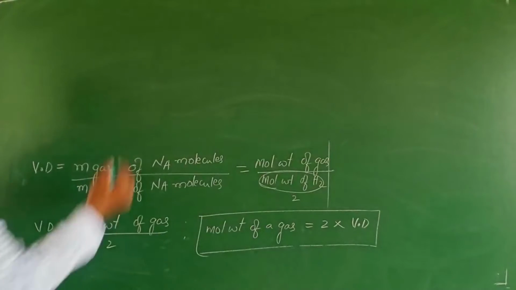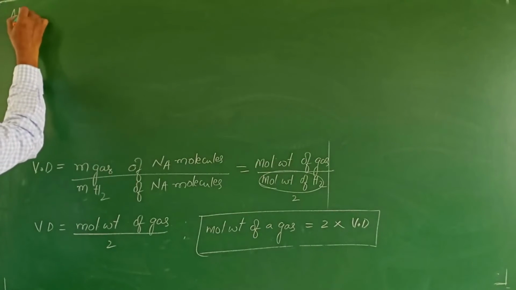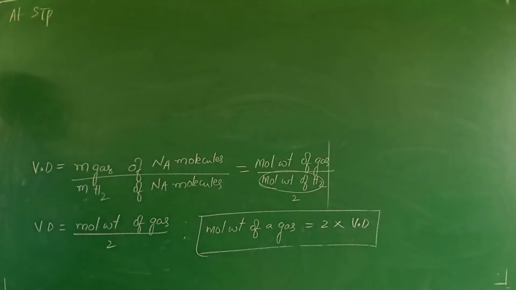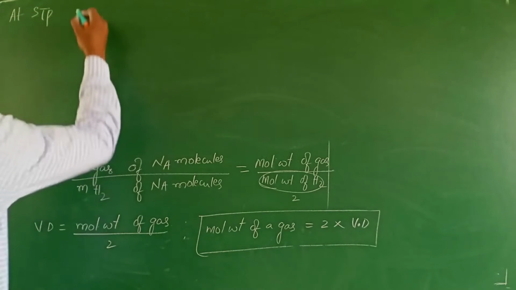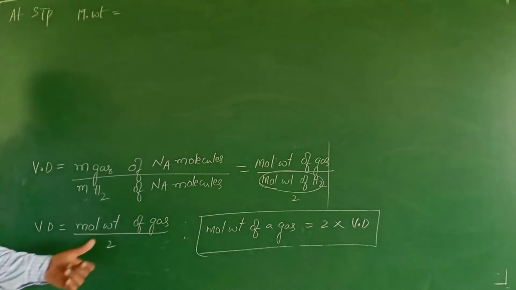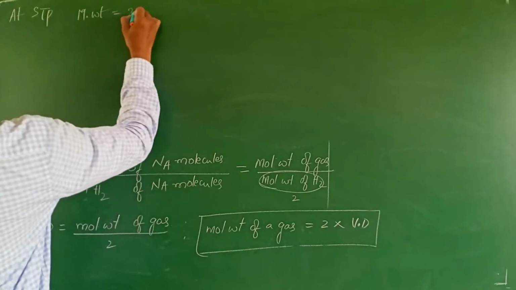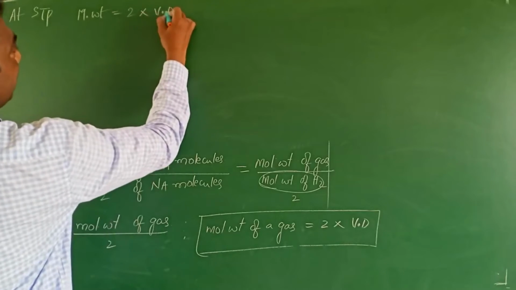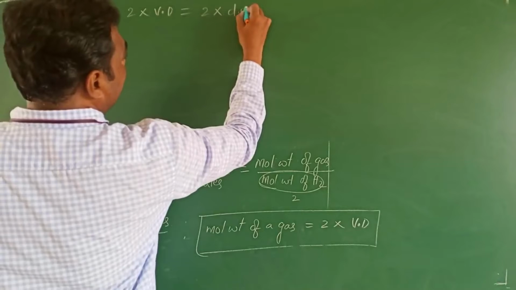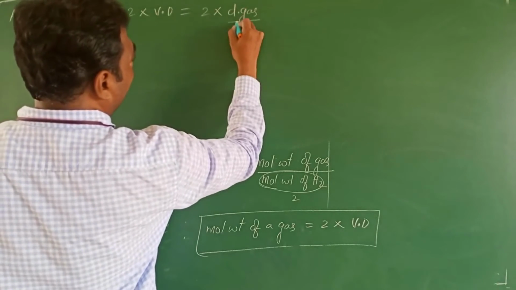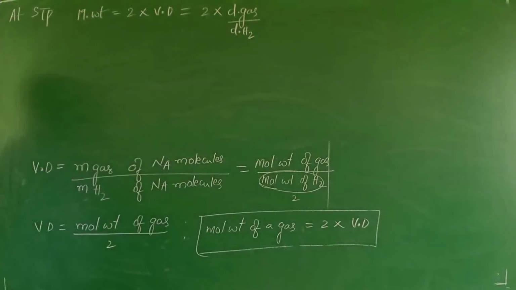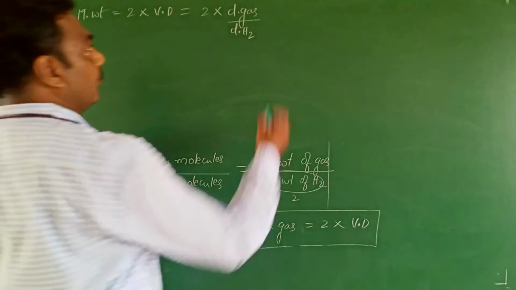The important point: if you take STP, that is standard temperature and pressure, we have written that the molecular weight of a gas is nothing but 2 into vapor density, which is nothing but 2 into the density of gas by the density of hydrogen.